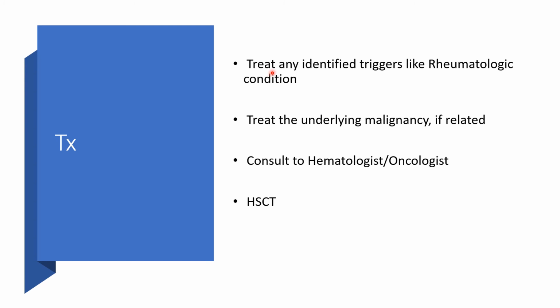You have to treat any identified trigger or triggers, like rheumatological conditions. We have to treat the underlying malignancy if it is related to malignancy. We must consult hematologists and oncologists, and hematopoietic stem cell transplantation is deemed to be helpful.